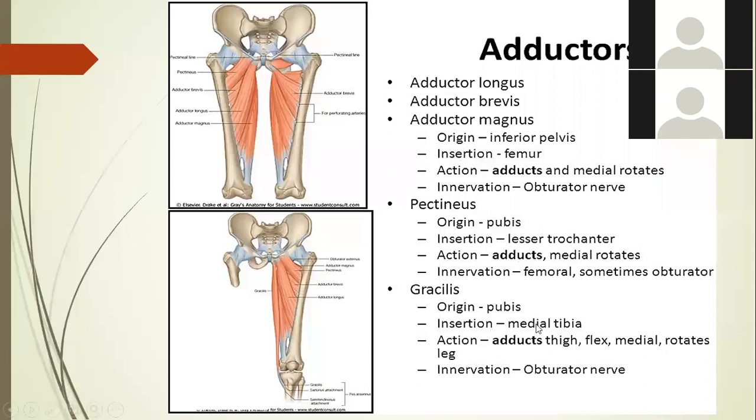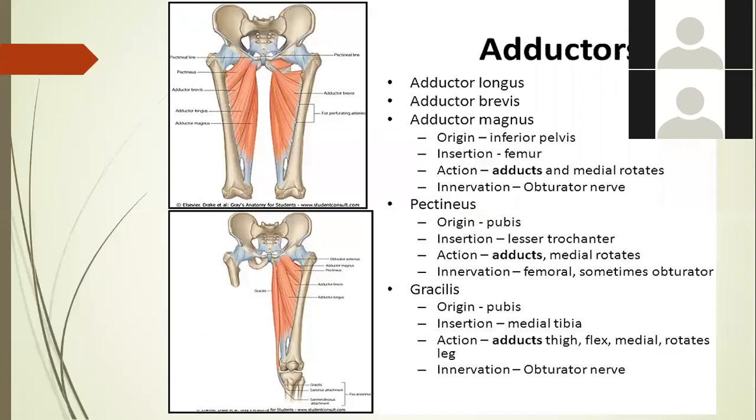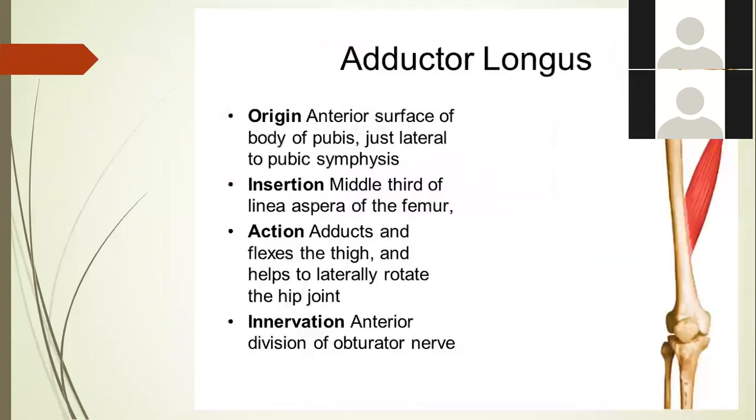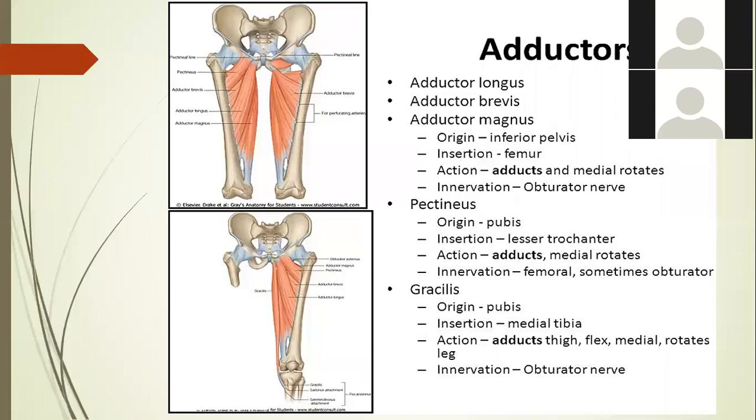Now see its insertion. The insertion of this muscle is on the tibia. The gracilis is inserted onto the tibia. So where is the tibia? You see this picture. This is the red line for the gracilis muscle, the most cylindrical muscle.